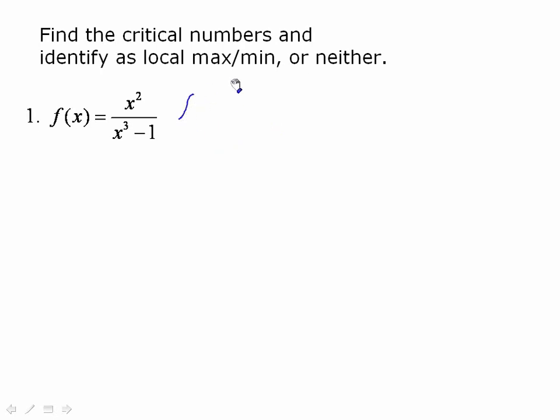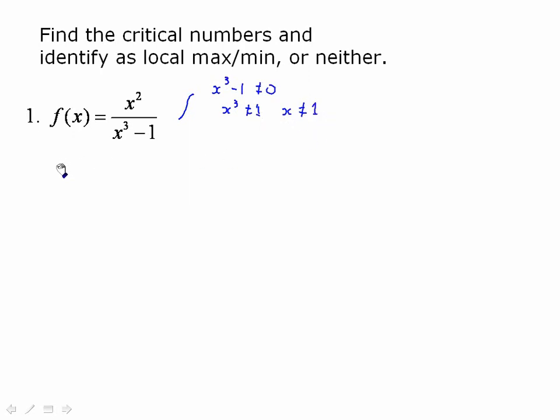Before we do that, however, we should note any restrictions on the graph, because if the graph doesn't exist at a certain point, then we do not take the derivative of it at that point. So x cubed minus 1 cannot equal 0. So x cubed cannot equal 1. So x cannot equal 1. So we need to be aware of that.